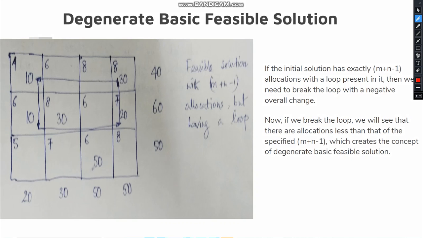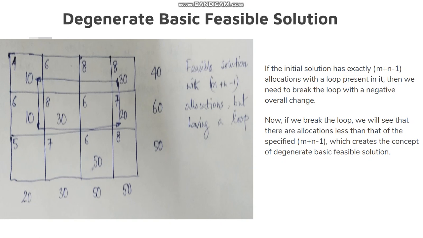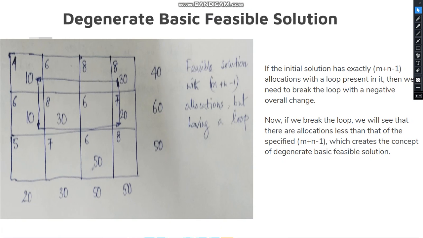Now here comes a very interesting problem. Let us see this problem. Here we can see that there are 1, 2, 3, 4, 5, 6 allocations. The number of allocations is 6.